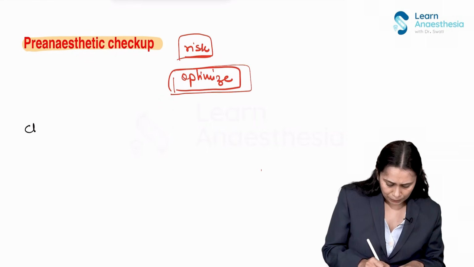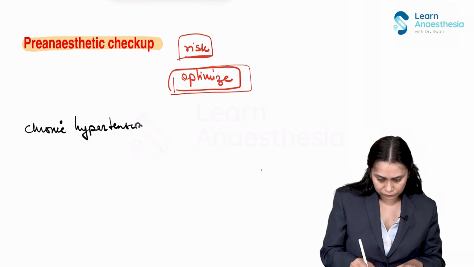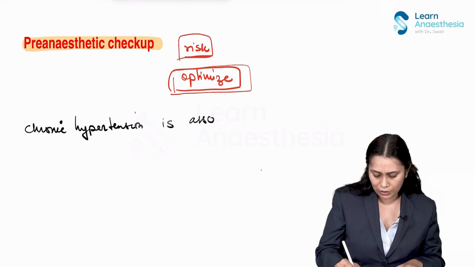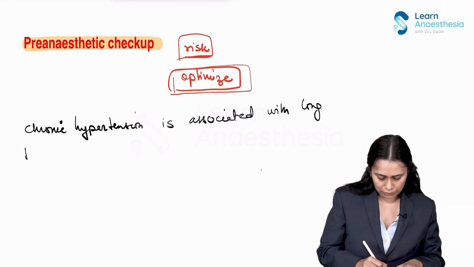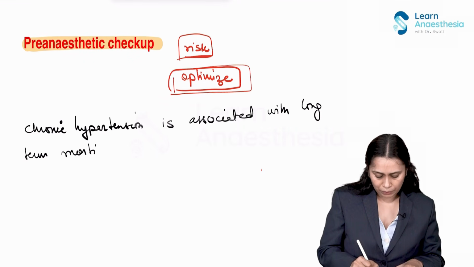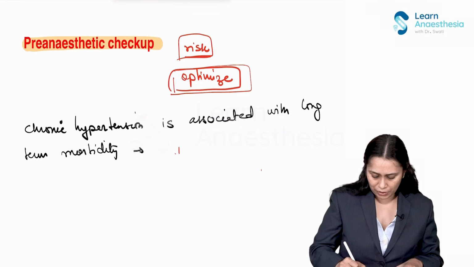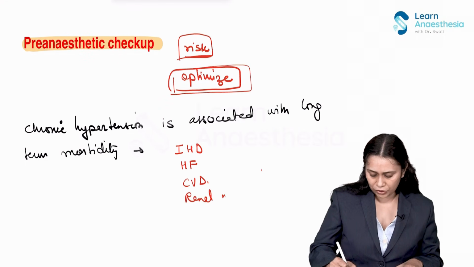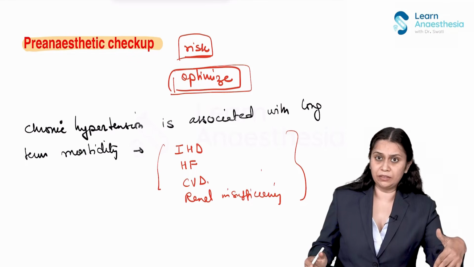Chronic hypertension is associated with long-term morbidity because of the association of many other diseases like ischemic heart disease, heart failure, cerebrovascular disease, and renal insufficiency. These are the important co-diseases which may be associated in a hypertensive patient.